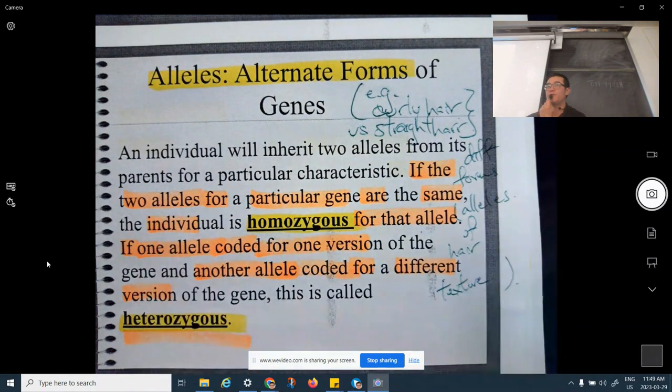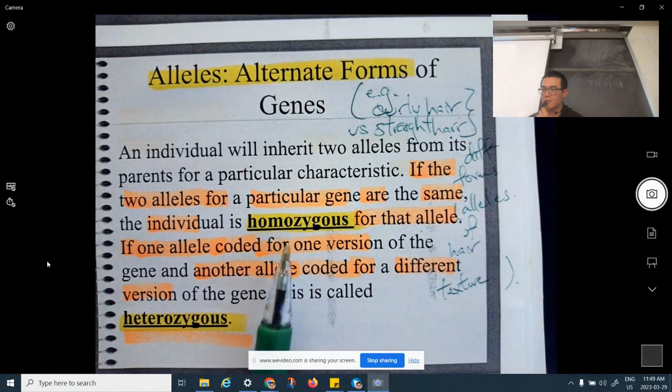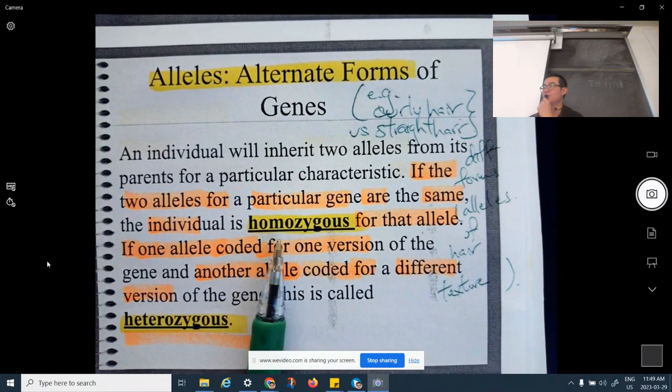Now, if both versions that you got are the same, like let's say both genes from your parents are straight hair genes or both are curly hair genes, then you are considered homozygous, a homozygous individual for that trait.